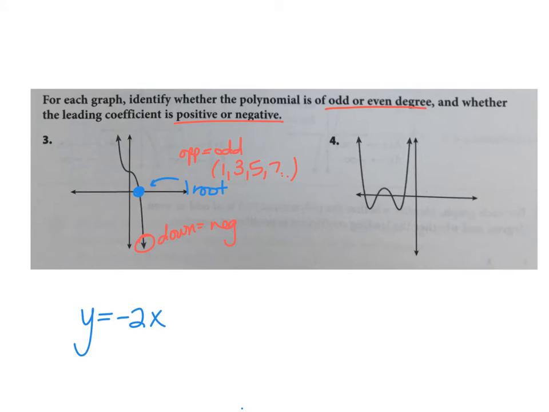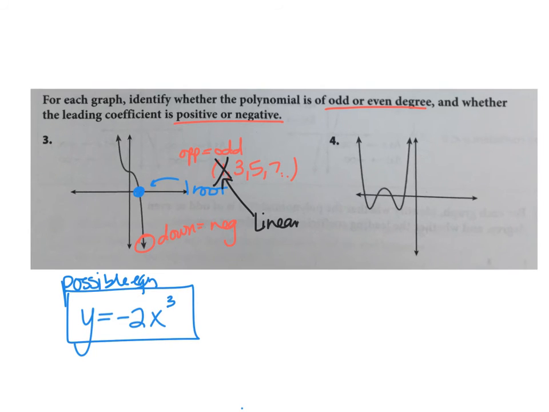But if you leave it like what you have written right here, anything to the first power is linear. That means this should be a straight line. But this is definitely not a straight line. So I have to pick the next lowest exponent, which is 3. So that is a possible equation. That's how you can label that, as possible equation. Remember, 1 didn't work because that would have been linear.